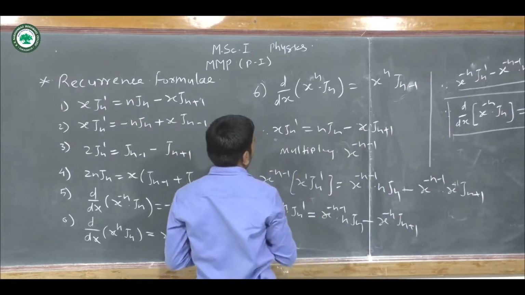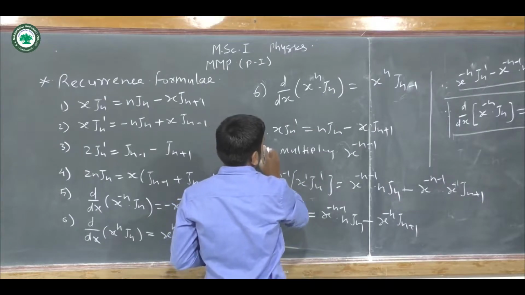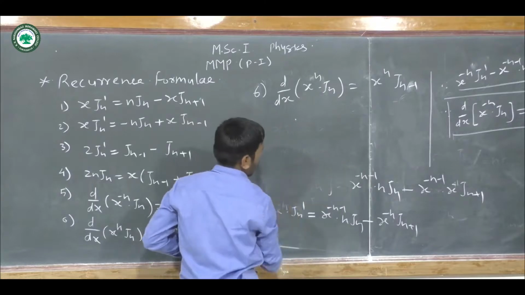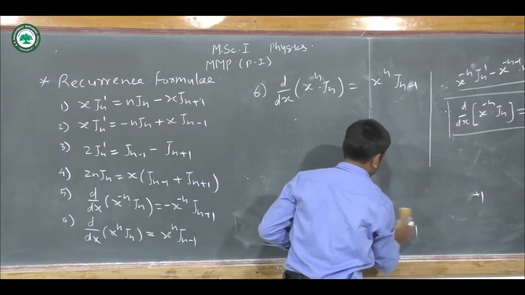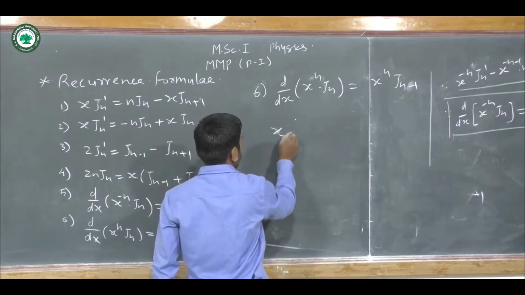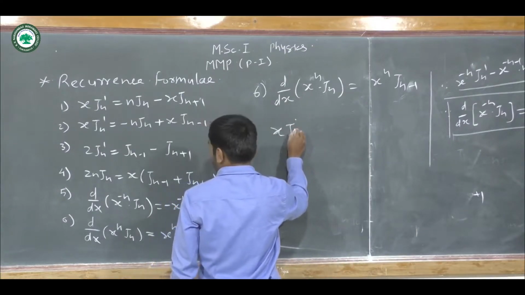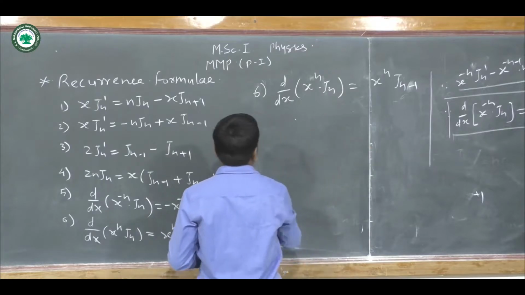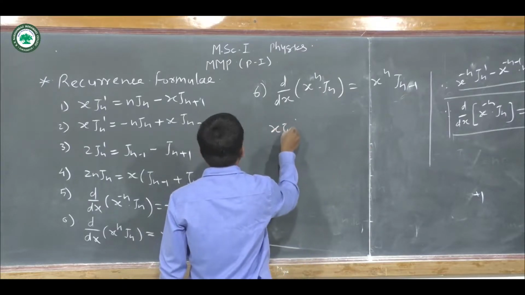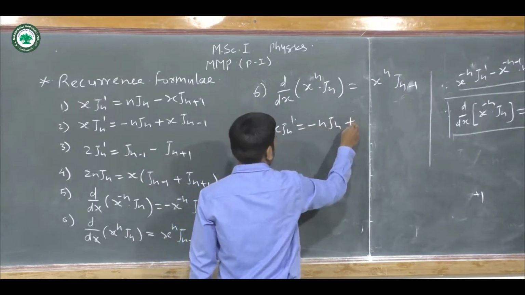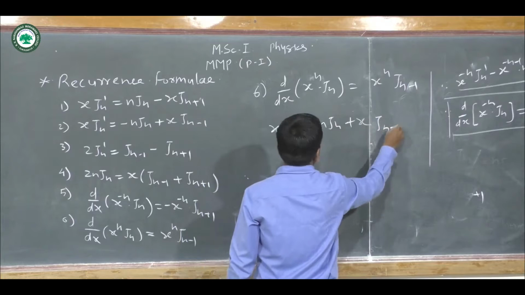So this is the sixth recursion formula. Same here, just multiply this first, that is x Jn prime is equal to minus n Jn plus x Jn minus 1.